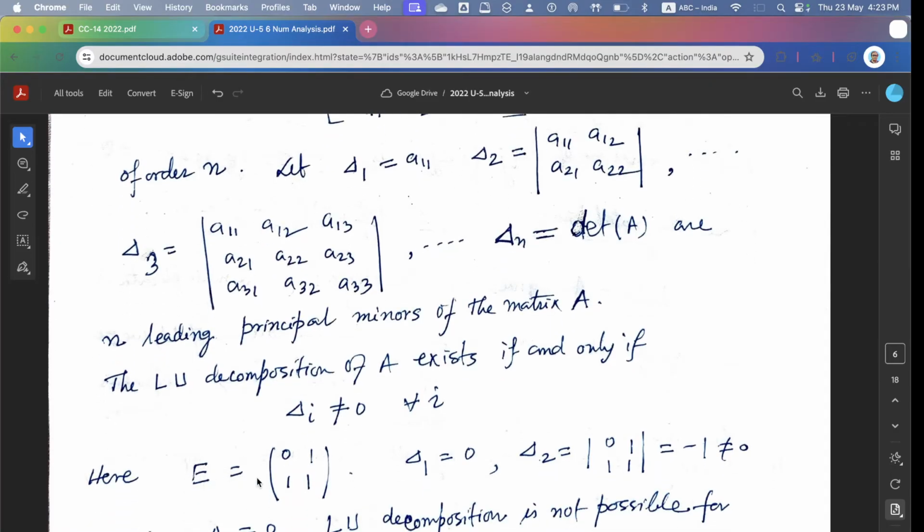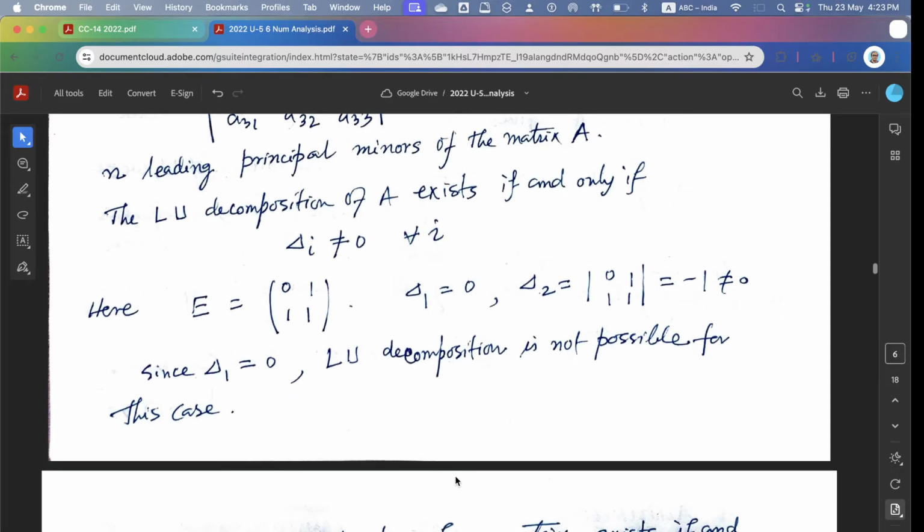But here E is equal to [0 1; 1 1]. So delta 1 is 0 and delta 2 is the determinant, minus 1, not equal to 0. But since delta 1 equal to 0, not all leading principal minors are nonzero. So LU decomposition is not possible for this case.